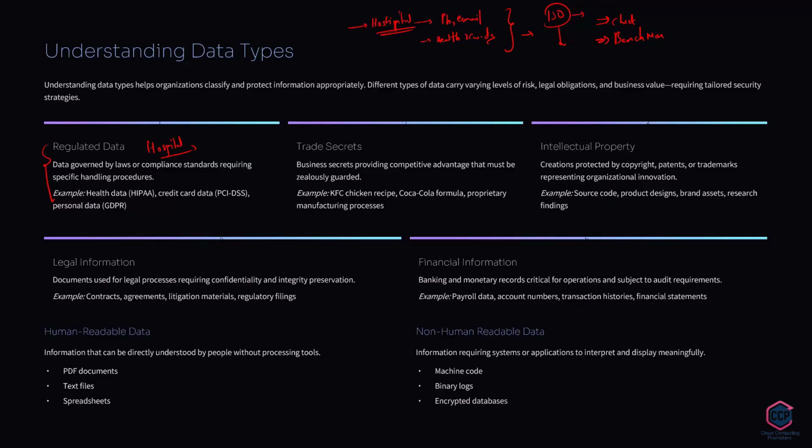Okay. As well as we do also have HIPAA coming into place. Okay. And credit card data, PCI DSS, and personal data, GDPR. These all are regulations and standardizations. We do also have another, GLBA, which refers to financial data.